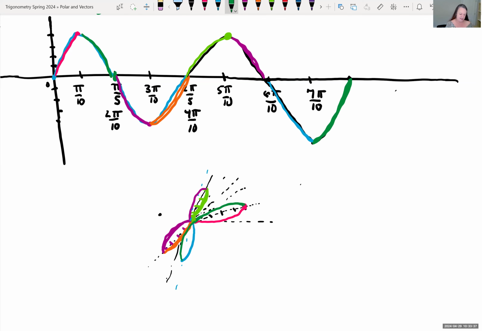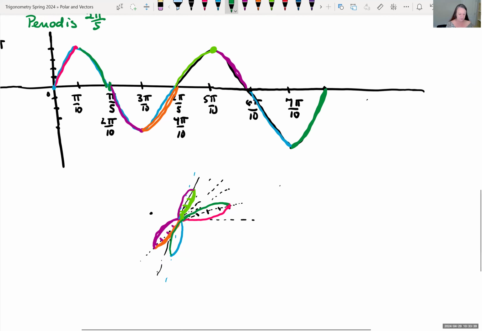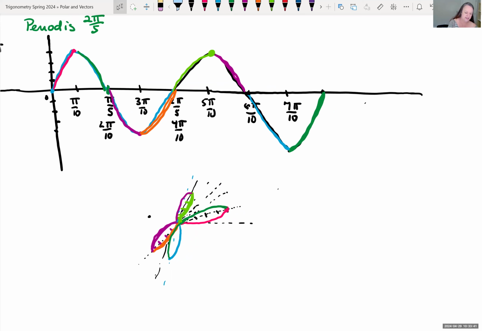Looks like we just need 1 more petal. And so if we went from 8 pi/10 to 9 pi/10, we are increasing. And then at 10 pi/10, which is pi, we're back down to 0.